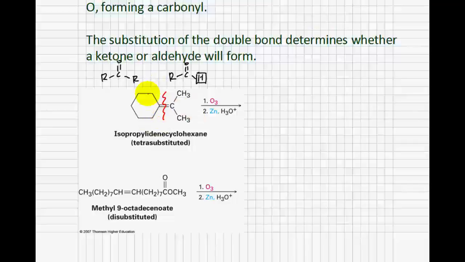Because of that, I'm going to make 2 ketones. So break straight down the middle of the double bond, draw everything up to the double bond, except instead of connecting the double bond to the rest of the molecule, just make C double bond O. Same thing with the other part: O double bond C, and then in this case 2 CH3s.